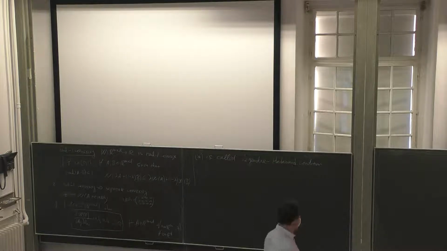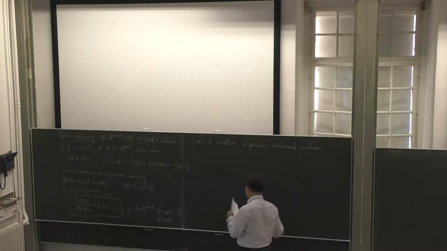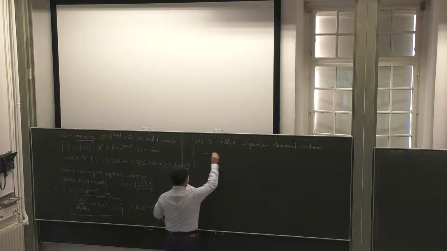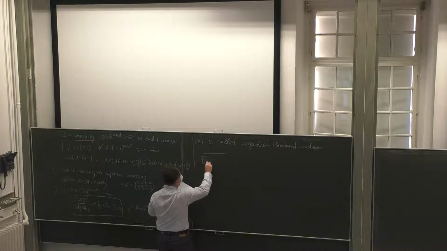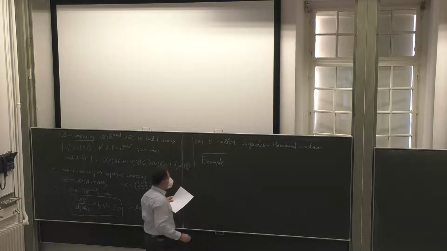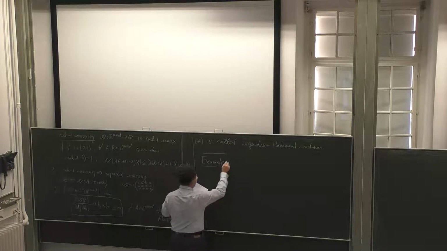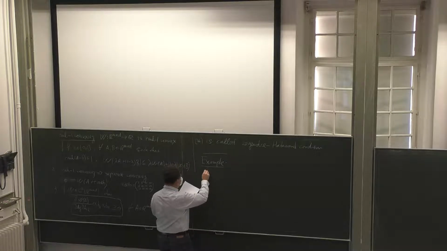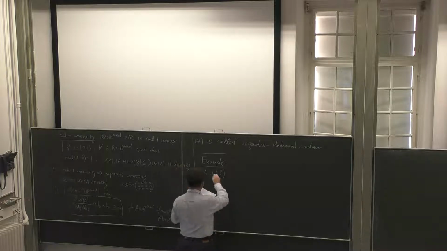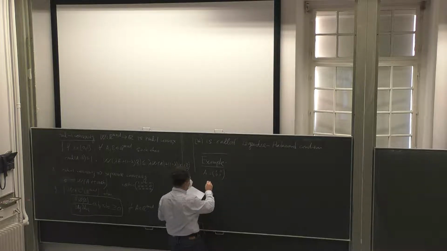general. So let's have a look at the following example. So you take A, which is just the matrix 1, 0, 0, 1. This is here.